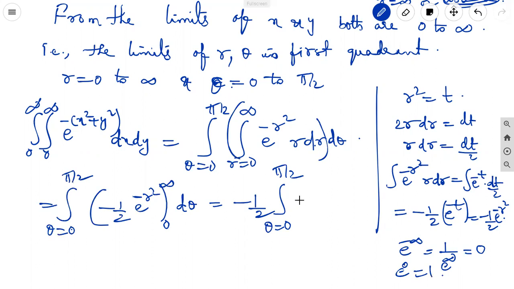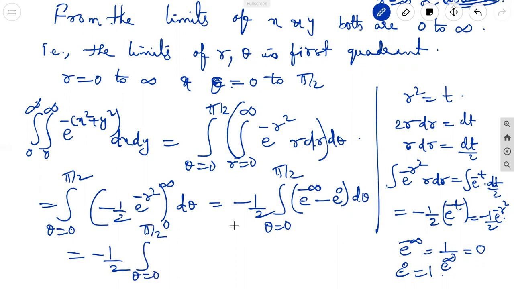Here we apply the upper limit and lower limit: e power minus infinity minus e power 0. It is equal to minus 1 by 2 integral theta equal to 0 to pi by 2, e power minus infinity value is 0 minus e power 0 is 1, into d theta.